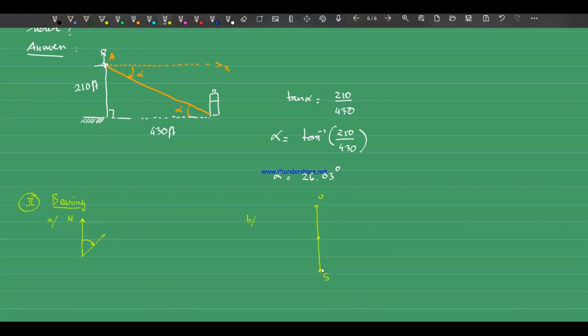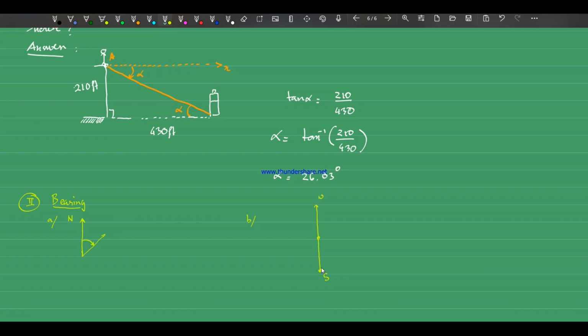The angle we measure shows how the angle opens to the west or to the east with respect to the north-south line.